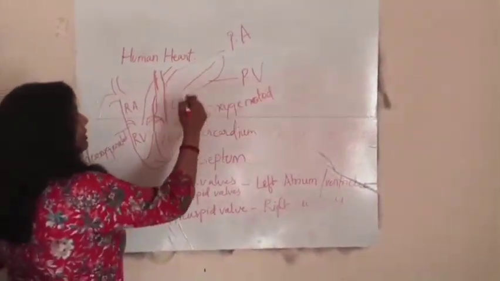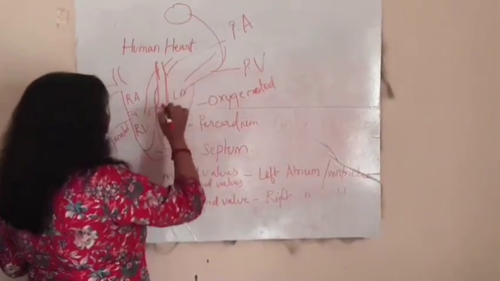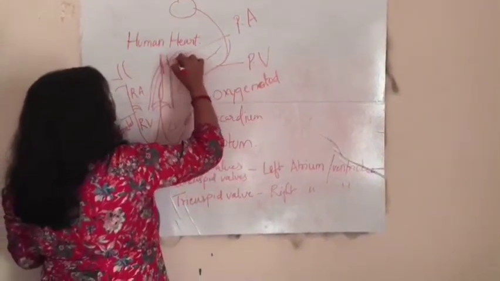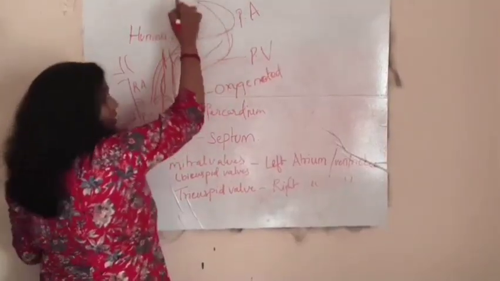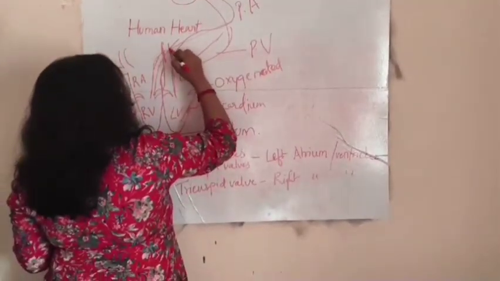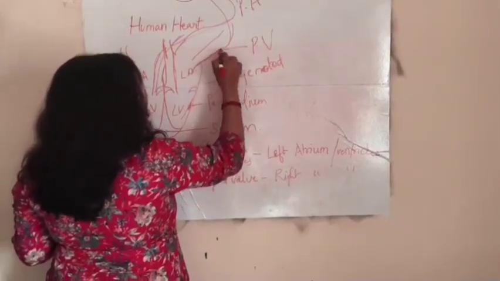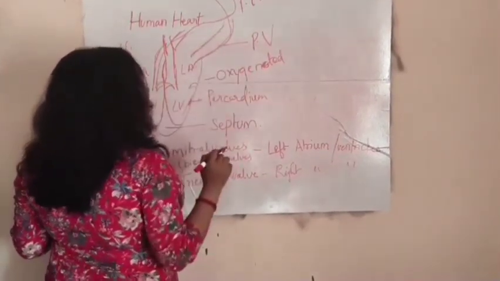The oxygenated blood is coming from the pulmonary vein from the lungs to the left atrium. The right ventricle is pumping the deoxygenated blood back to the lungs. Okay, so the pulmonary artery will be drawn from the right ventricle outside, and the pulmonary vein will come to the left atrium.